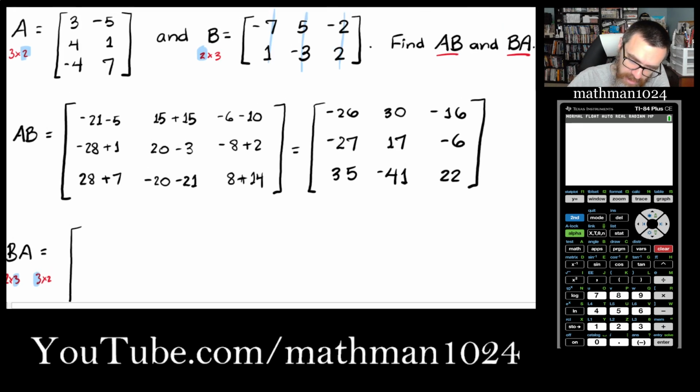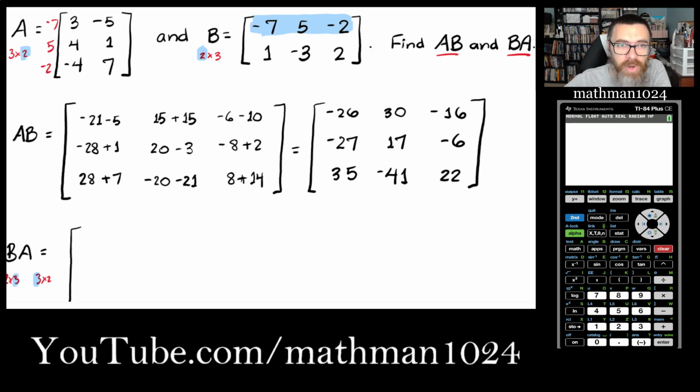We're going to take, actually, let me clean this up a little bit. Get rid of, whoops. Get rid of the wrong thing. So I need to take now this row right here, and I've got to rotate that and multiply that to matrix A. So imagine I have a negative 7 here, 5, and negative 2.